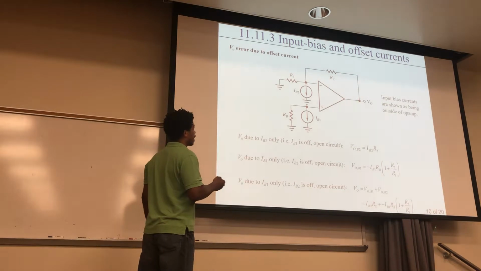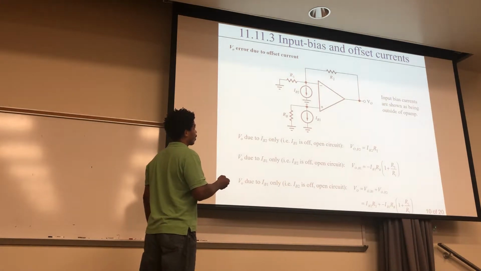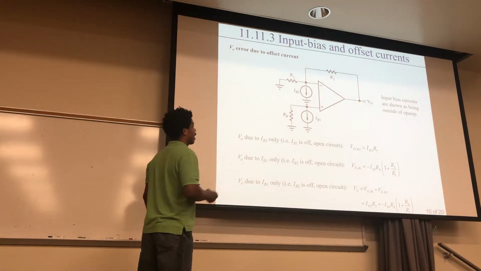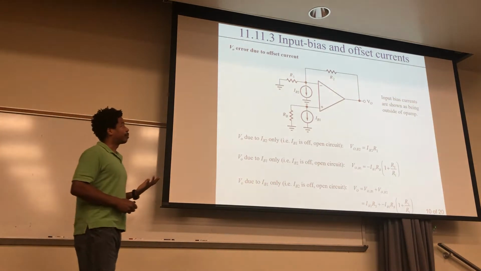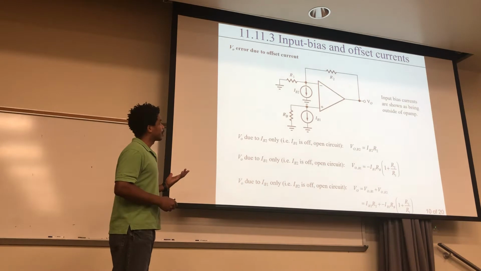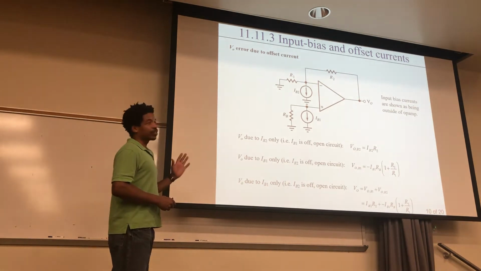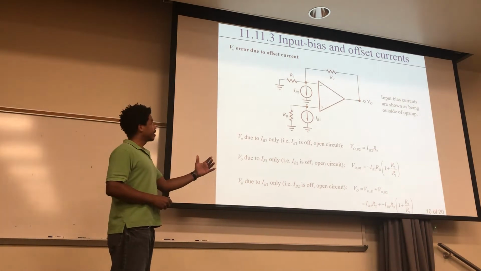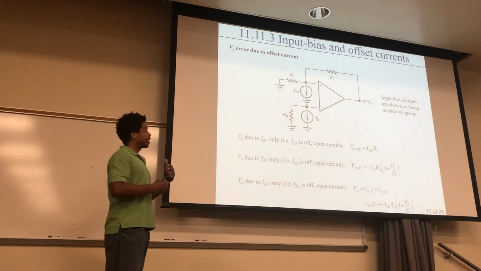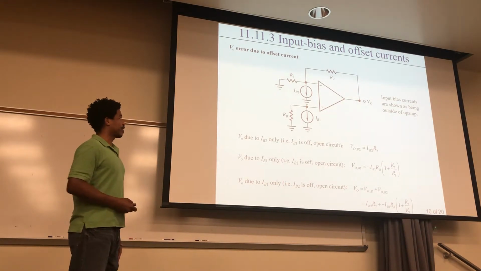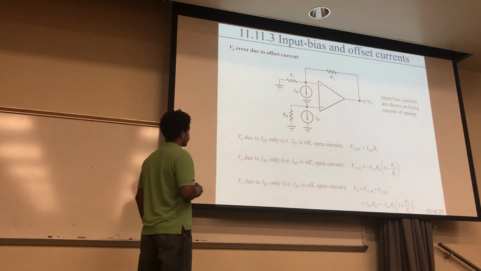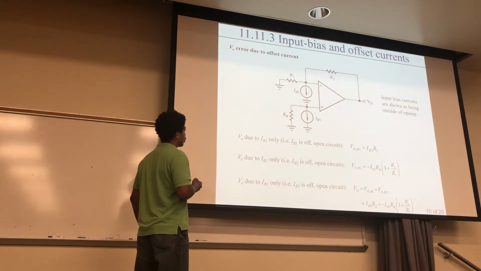So let's try to find out what the voltage is right here due to these things. You're aware of superposition, where you look at one source and see its effect by turning off all other sources, and then you swap it out: you turn on the other source and turn off all the others. So that's what we'll do here. First we'll look at V out just due to IB2 alone.